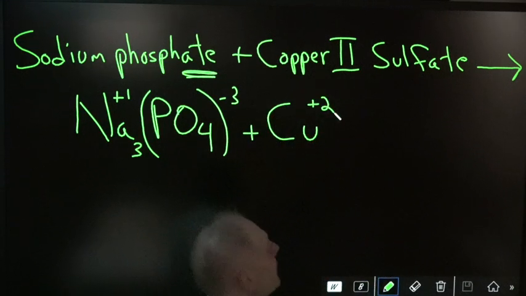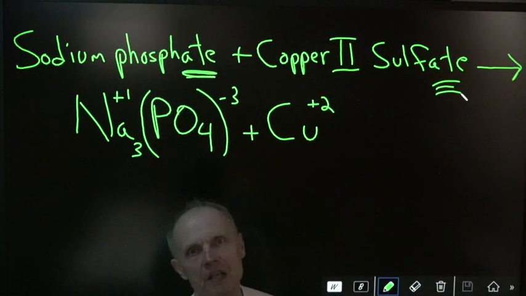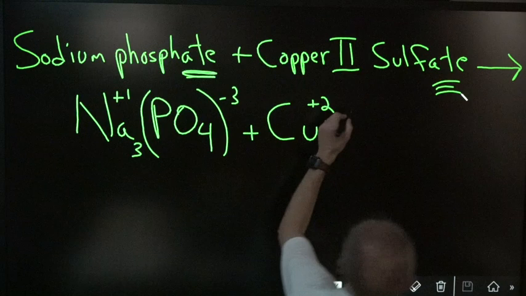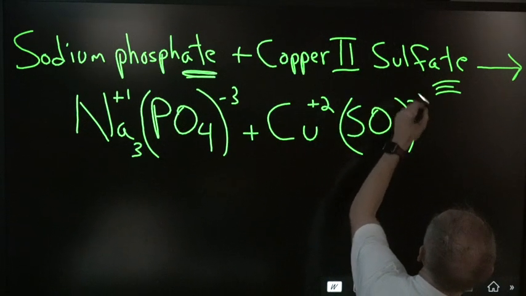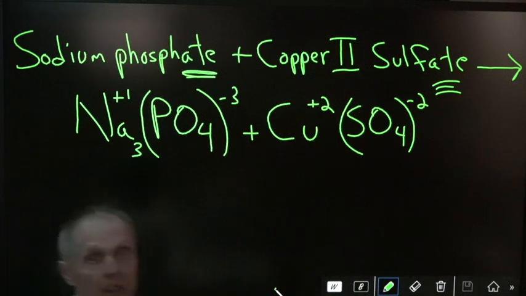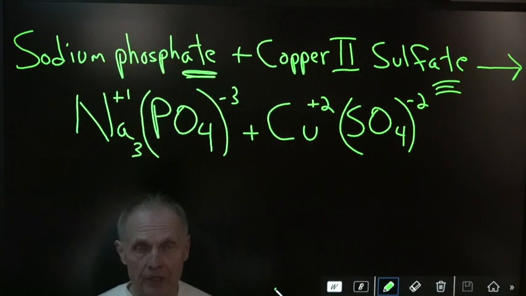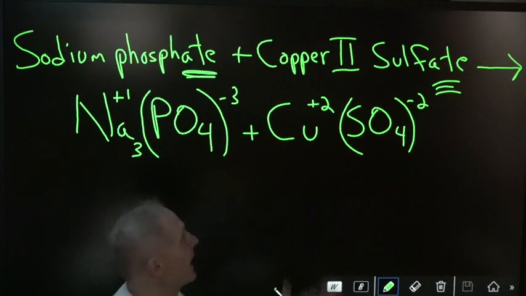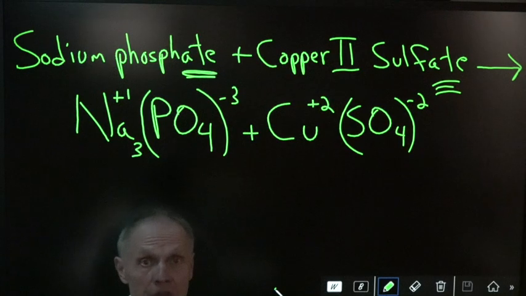And then sulfate. -ate, it has to be a polyatomic ion: SO4 2-. Look at that one. That one is a +2 and a -2. You don't need to do anything with it. The sum of the oxidation states equals 0. So we're good with that.